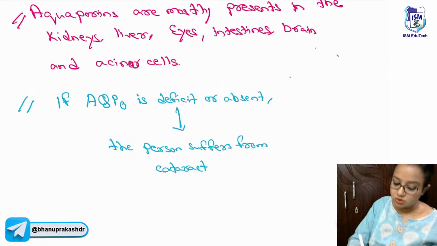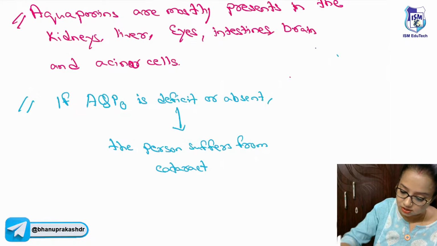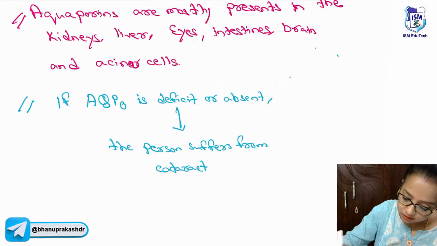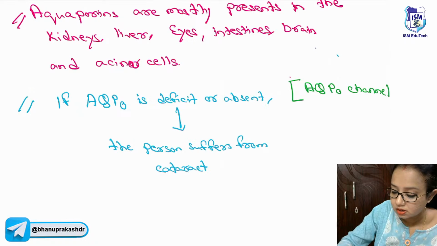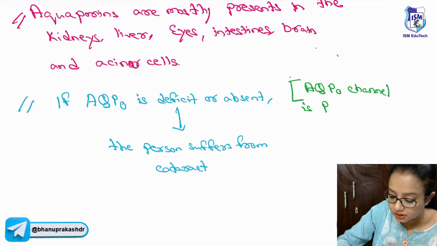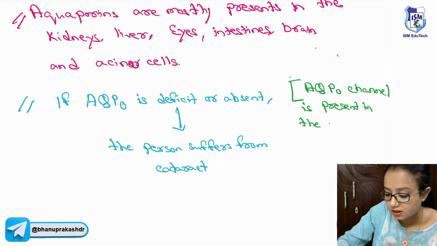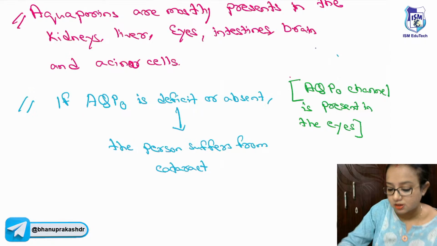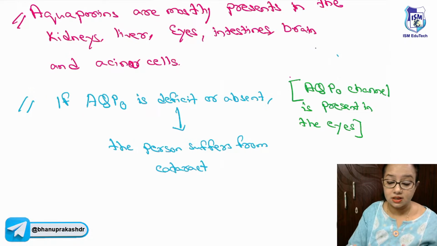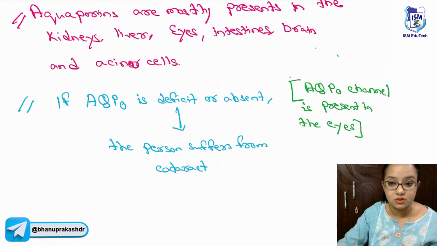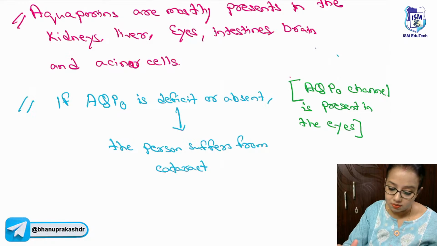Okay. Why so? Because this aquaporin 0 channel is present in the eyes. That's why if there is any deficiency or any mutation that is affecting the number, shape, size, anything, then the affected person will suffer from cataract. Okay.